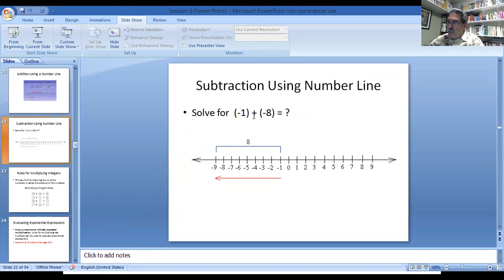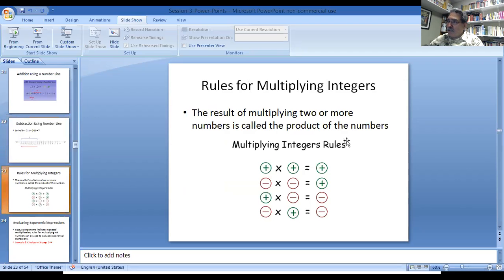You've got -1 plus -8. Here's -1. If I'm adding -8 to -1, it means I am going 8 units to the left of -1. So 1, 2, 3, 4, 5, 6, 7, 8. I end up at -9. So you see, I add them together, they have the same sign, and put the sign together. -9. Multiplication, as I said, if the signs are the same, always positive. If they are different, always negative.